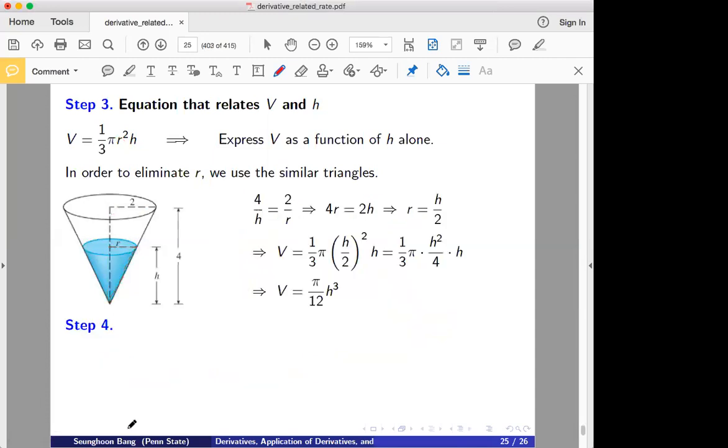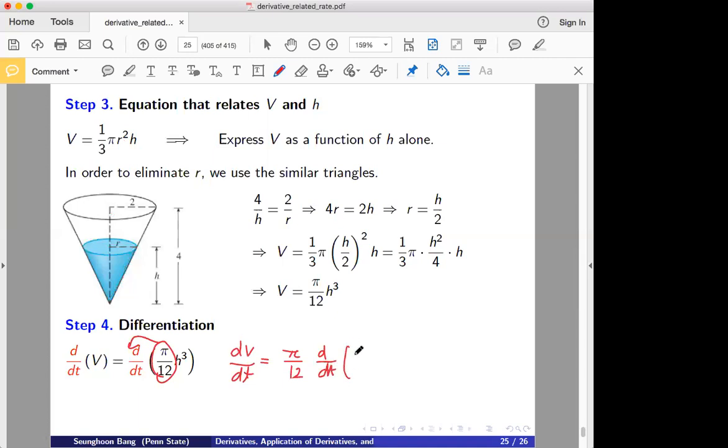Step 4, differentiate. Take the derivative. The first one, dV/dt. Here, take out pi over 12. Pi over 12 times d/dt of H cubed. What's dH cubed over dt?